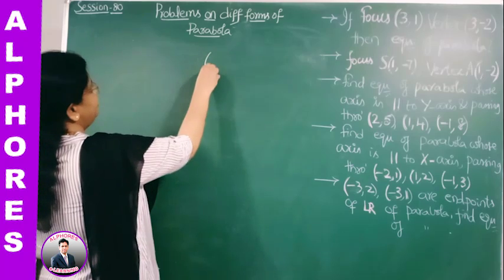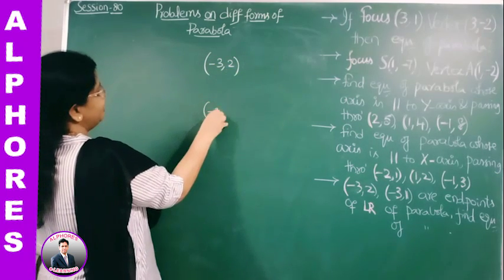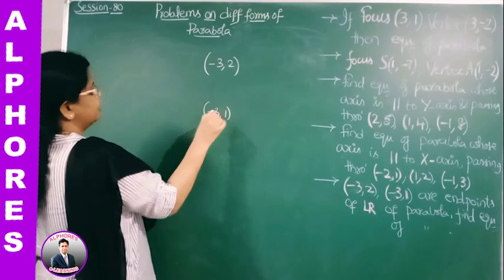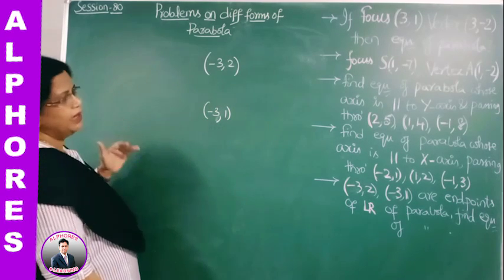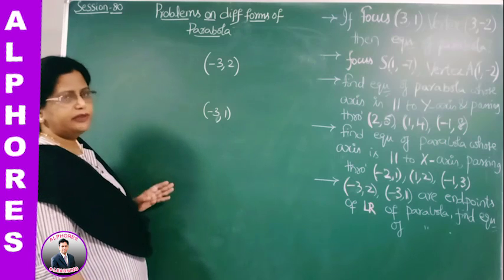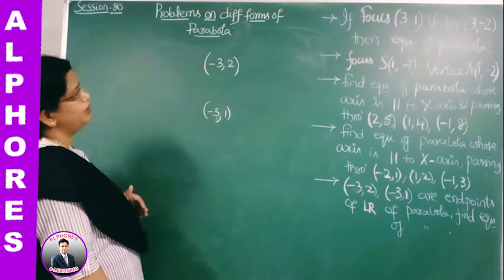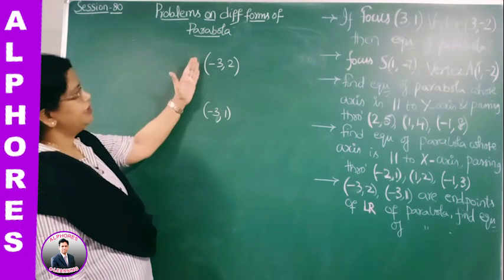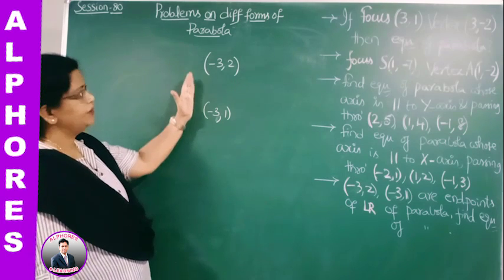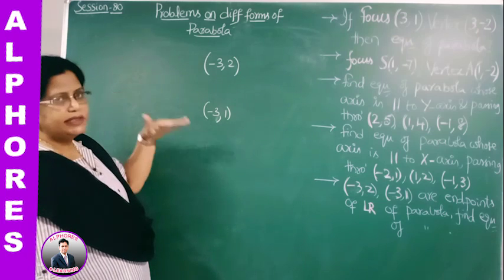Now one point you got is minus 3 comma 2, and the other point we got is minus 3 comma 1. So these are the 2 points which are the ends of the latus rectum. And whenever a latus rectum, if you observe students, it is always perpendicular to the axis of the parabola. That means once this is the latus rectum whose line is parallel to the y-axis, then what about the axis here?